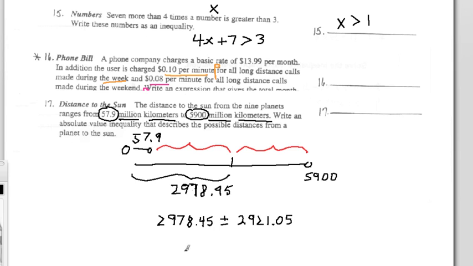You've seen this plus or minus before in other areas, but this is also give or take. It could be 2978.45 plus 2921.05, that's the farthest one, 5,900, or 2978.45 minus 2921.05, which would be 57.9. So this is the mid distance, and this is plus or minus the range.